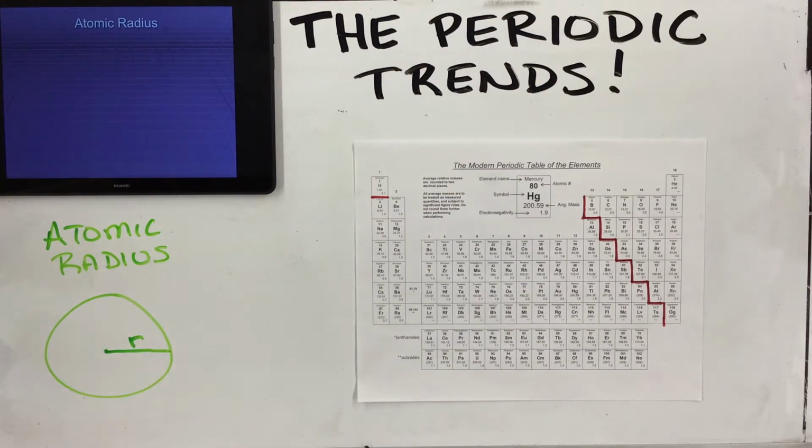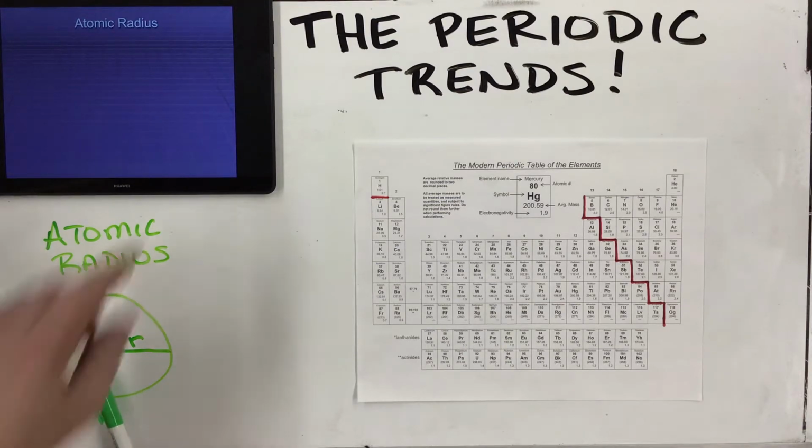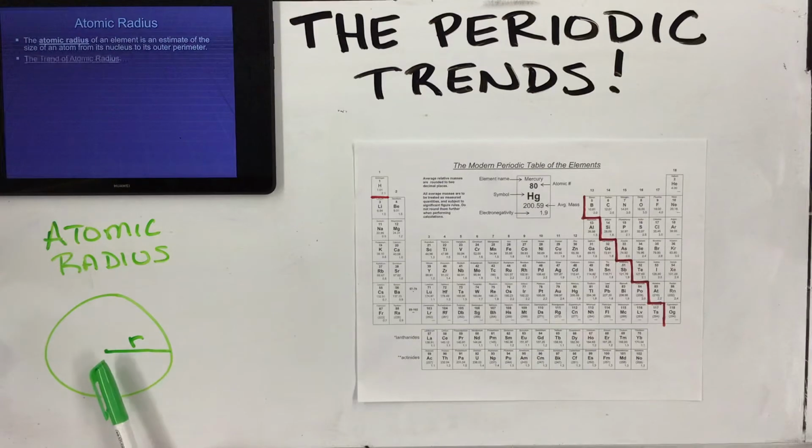So in an atom, it's the distance from the nucleus, which is at the dead center of the atom, to the outer perimeter of the atom. The outer perimeter would be the valence shell, or the outermost shell. So that distance is called the atomic radius. Basically, it's a measurement of the size of the atom.